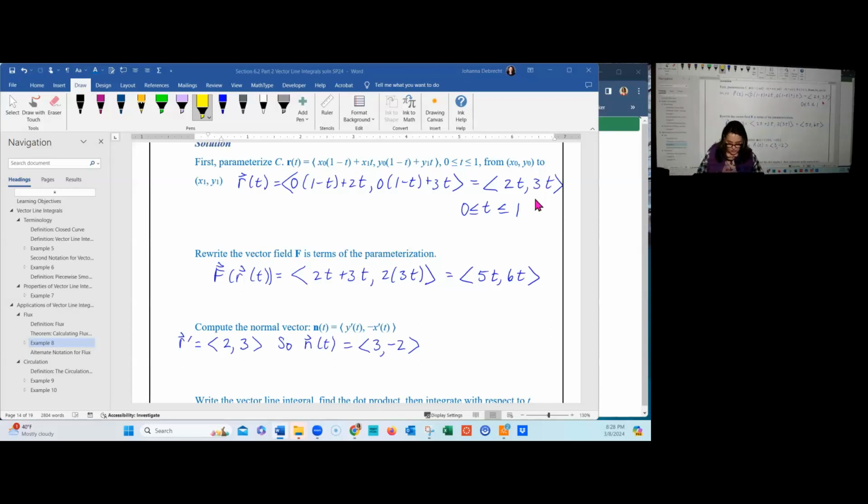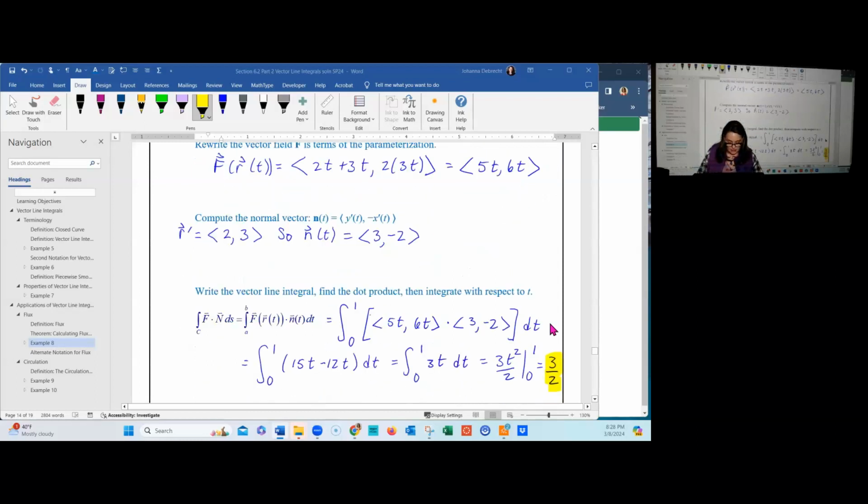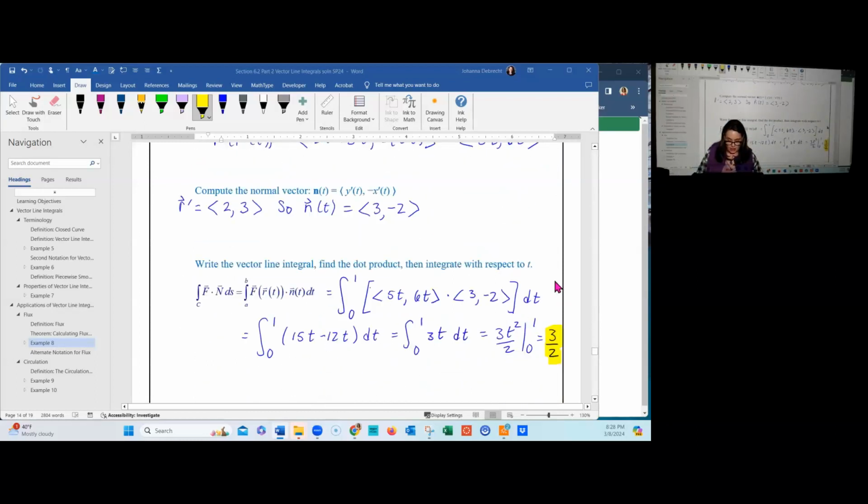Now, to find the vector line integral giving me the flux, I find the dot product of 5t, 6t with 3, negative 2, which ends up giving me 15t minus 12t, or 3t. When I integrate 3t, I get 3t squared divided by 2, evaluated between t equals 0 and t equals 1. This gives me the flux, or the flow, across the line segment of 3/2.